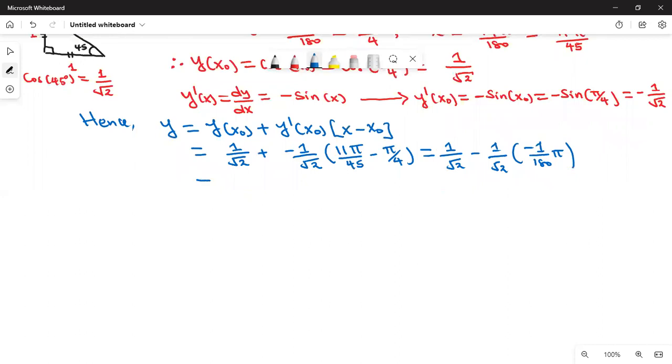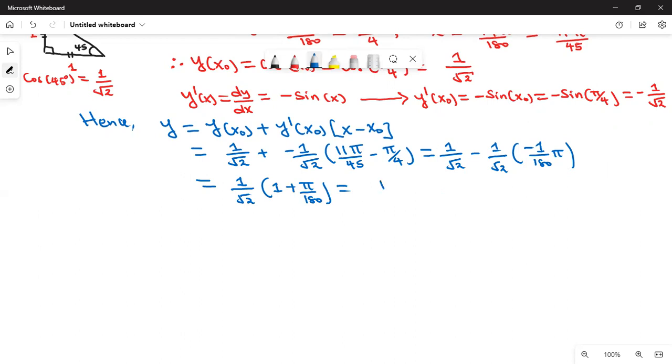And you see 1 over root 2 is common. You can factor that out. 1 over root 2 into 1 plus pi over 180, of course, pi over 180 plus 1 is the same as 180 plus pi over 180.